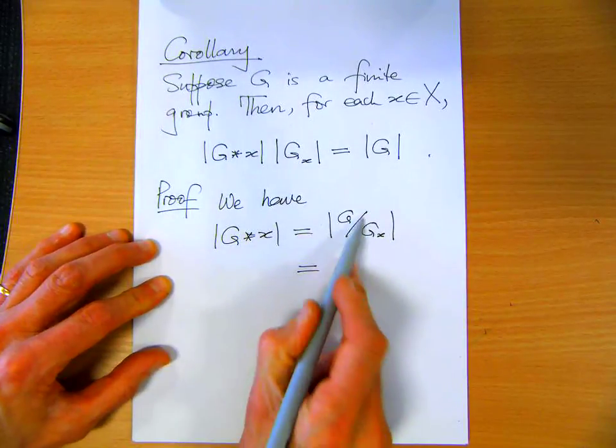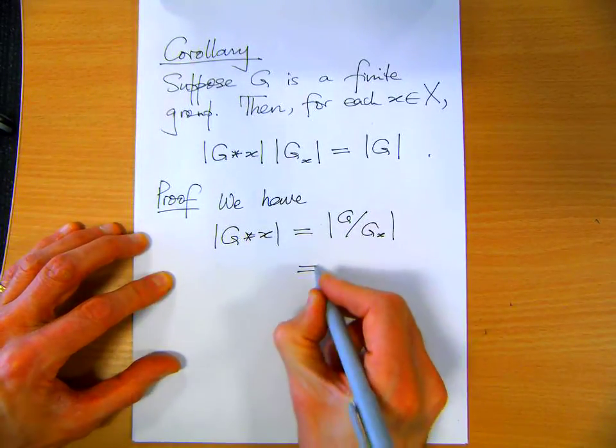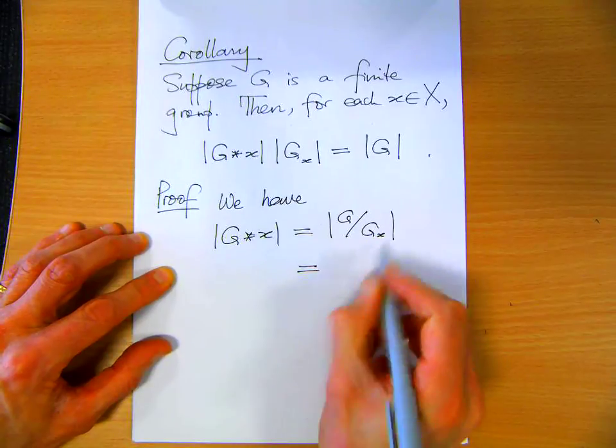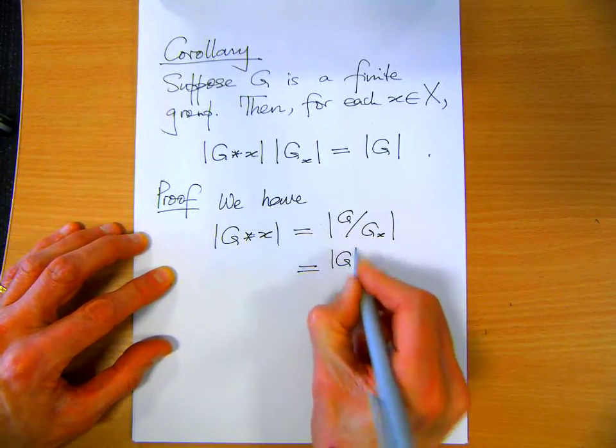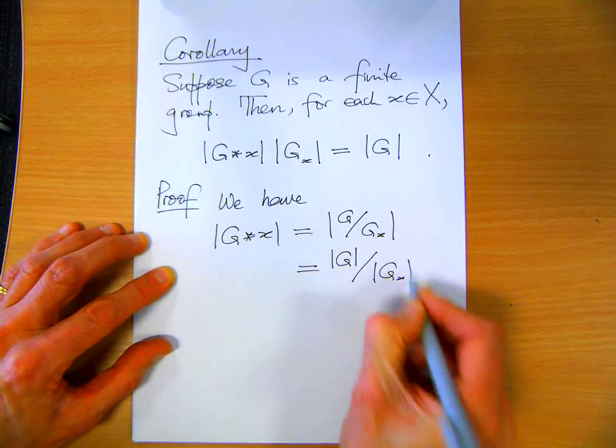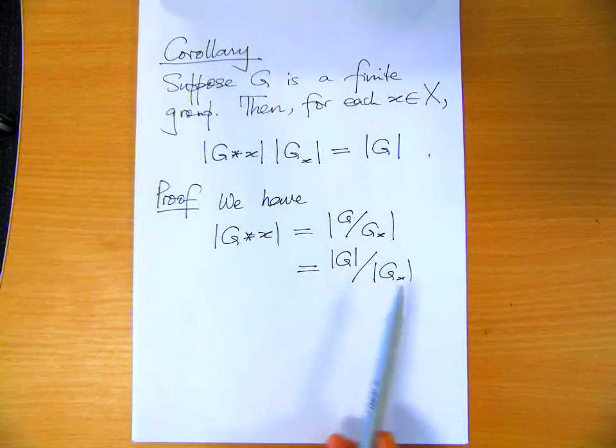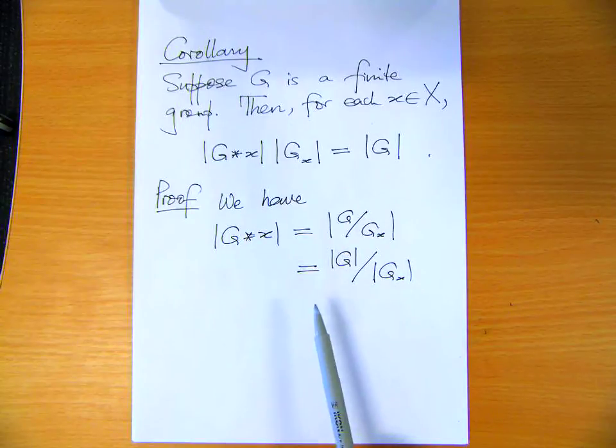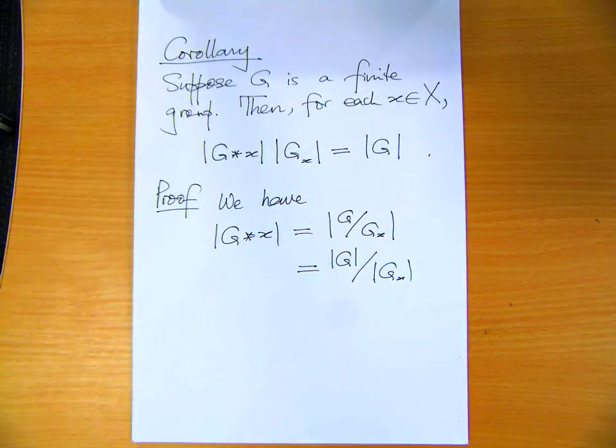But we know that the number of left cosets, I mean, that's sometimes called the index of GX in G. The number of left cosets, think of our bar of chocolate picture, is the order of G divided by the order of the subgroup, because that partition into left cosets is a regular partition. Each coset has the same number of elements.